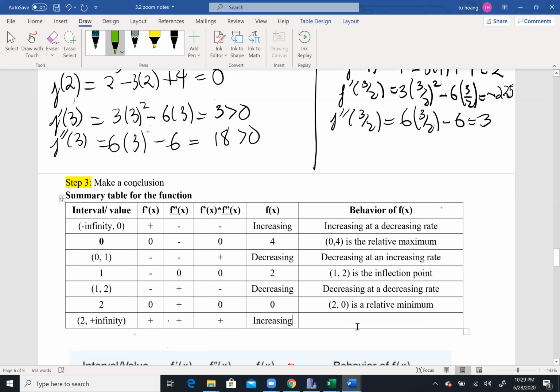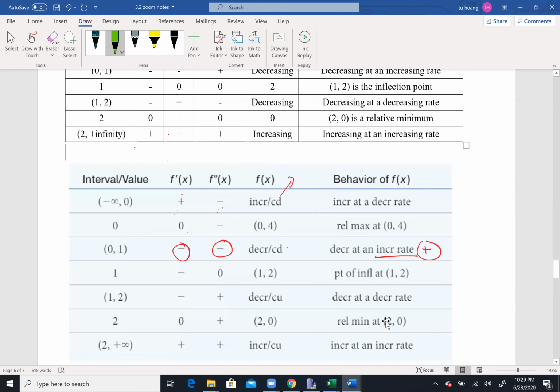And I say this behavior has to be increasing at an increasing rate. Okay, and that should be all.